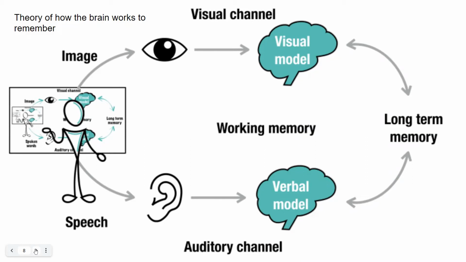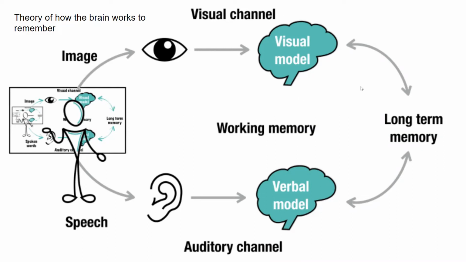So on the screen in front of you at the moment is a representation of a dual channel understanding of how people perceive input and what they do with it. So if input is delivered by image, this top line over here, the argument in this dual channel theory is obviously we see it with our eyes.